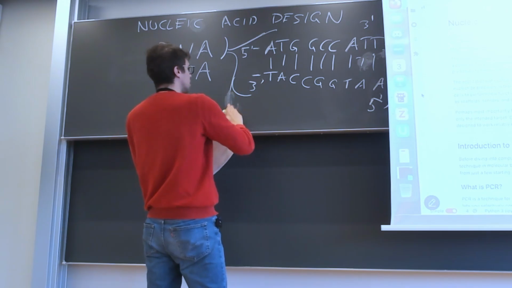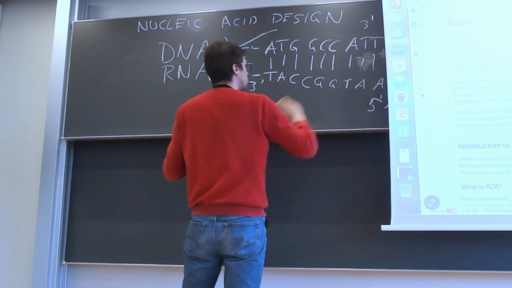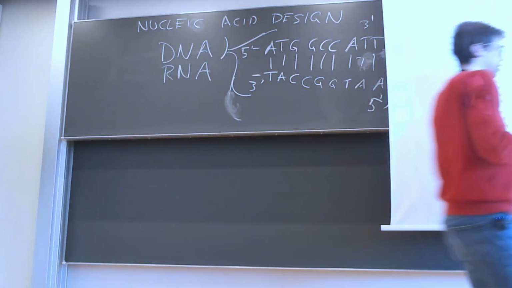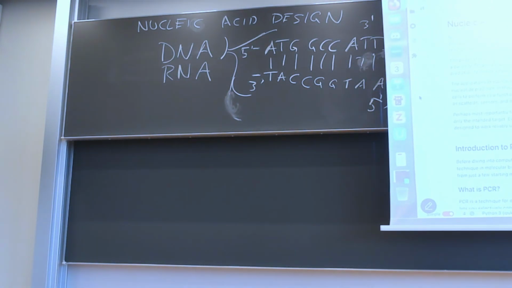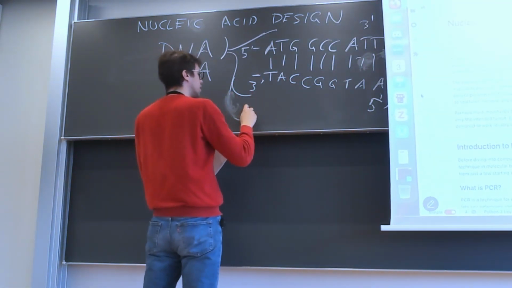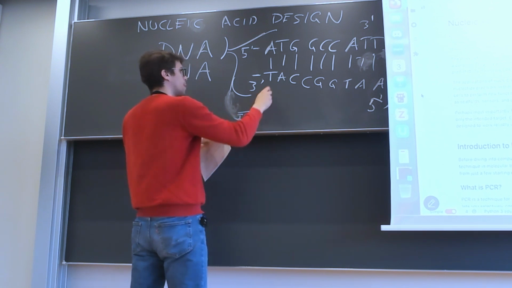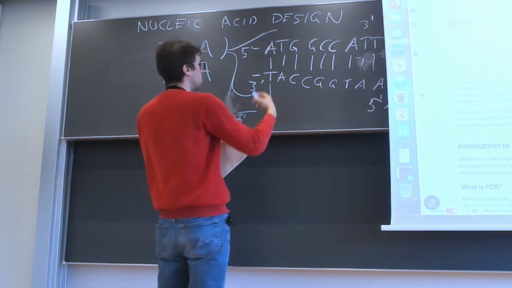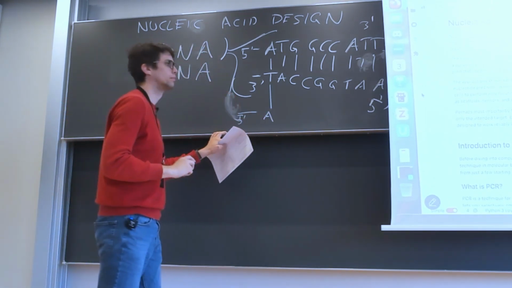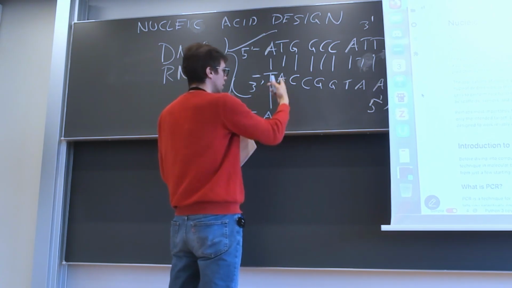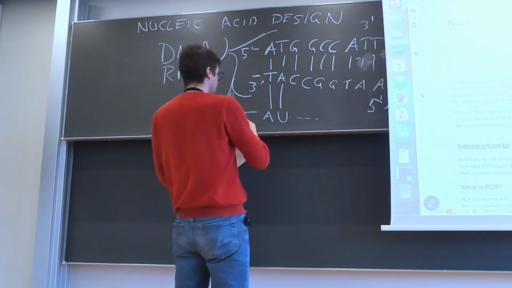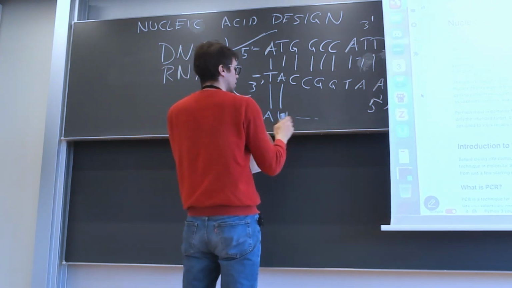And what will happen is, if we have a transcription of this piece of DNA here, it will start somewhere, here at the 5' end of the RNA. And we start forming the complement of this T, which will be the A, the complement of this A, which will be not a T, but a U here, and so on. And we know that it goes from 5' to 3', so in this direction is where it goes.